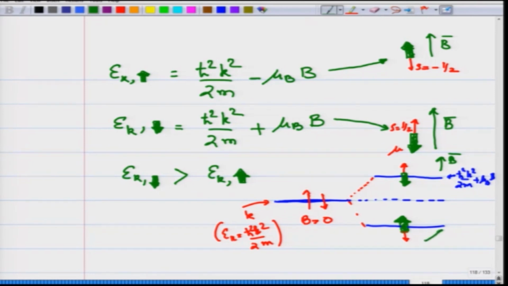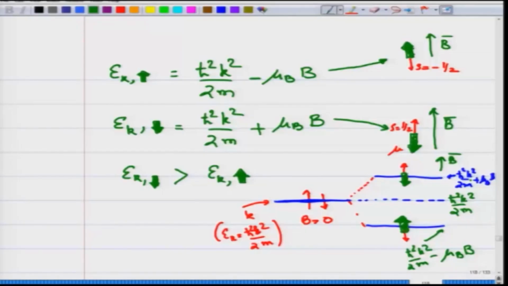This has an energy h cross square k square by 2m minus mu B into B. So, with respect to the h cross square k square by 2m level, the up and down moments are shifted in the presence of a magnetic field, and this we will try and analyze. This is true for all electrons inside the solid, because all the electrons inside the solid are like small bar magnets which have a magnetic moment mu B, and it can be either in the direction of the magnetic field or opposite.